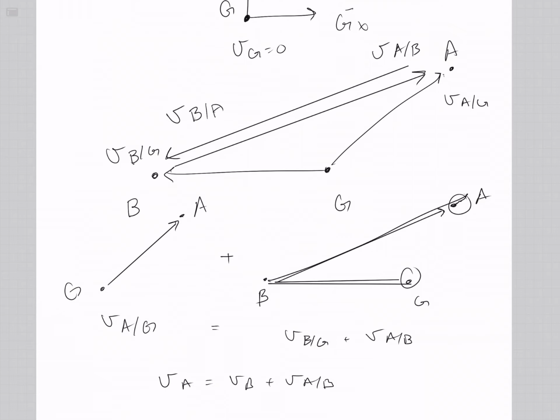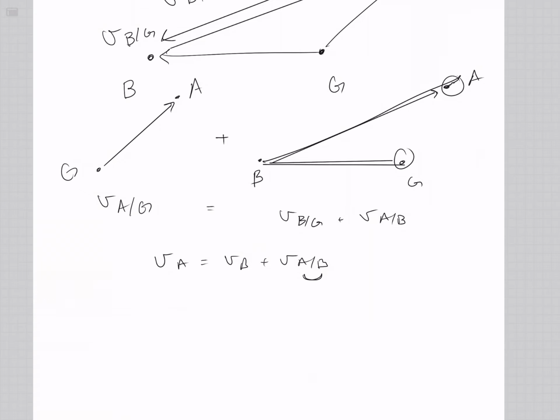And that is where this equation comes from, and it's really helpful to remember which one's which and how you're supposed to use A with respect to B, because you could also write it as the velocity of B equals the velocity of A plus B with respect to A. And that would be traveling from G to A to B, just adding from G to B. However you want to do it, if you're solving for A or B, be sure that these are related to each other correctly.